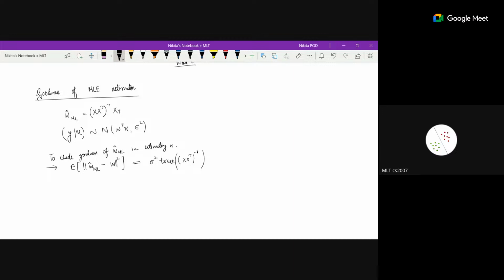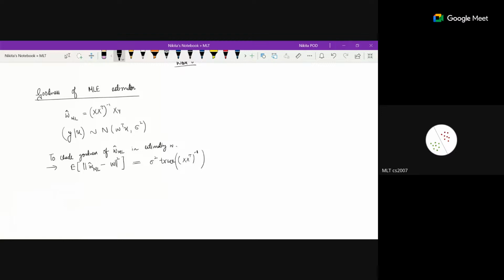When you do some calculations, you will find this term comes out to be sigma square trace of (X X transpose) inverse. Different samples give different values of W hat ML, and that's how, when you find the expectation, you get this term.